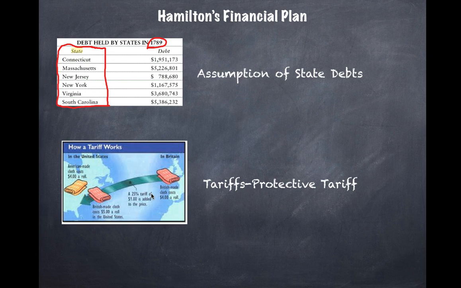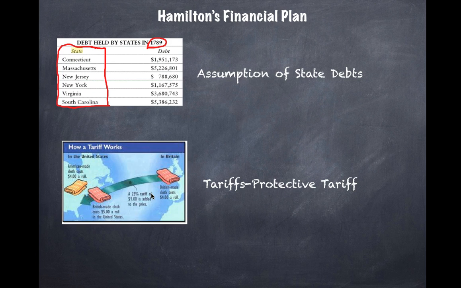But if the United States government, the national government, took that debt and they were the ones paying the debt back, then that person from Connecticut would start thinking about the national government as the center of economic activity rather than the state government. So this was another way to bring the support for the national government away from the states.